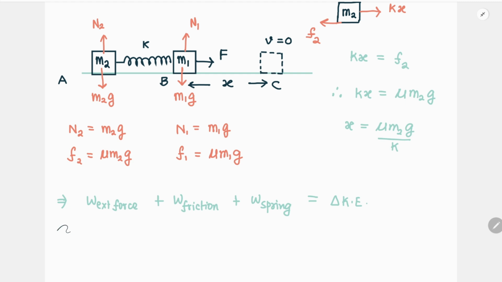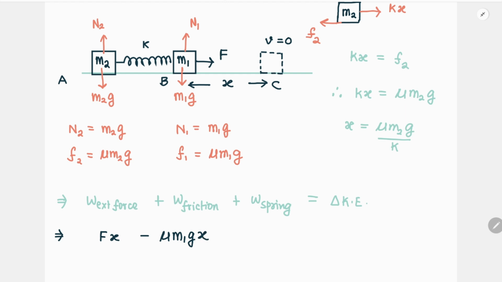The force applied is constant, so a constant force F producing a displacement x will perform a work F into x. Frictional force is opposing, so mu m1g, and since block 2 hasn't moved, the frictional force is opposing motion of block 1, mu m1g times x.